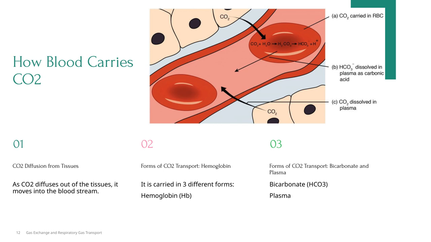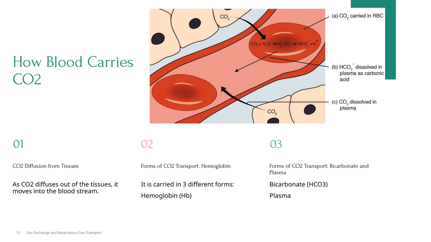In addition to hemoglobin, CO2 is transported as bicarbonate, or HCO3, which is the primary form in plasma. When CO2 enters the blood, it reacts with water to form bicarbonate ions, which are then dissolved in the plasma. This process is vital because it allows the blood to carry a large amount of CO2 without changing the pH balance significantly.